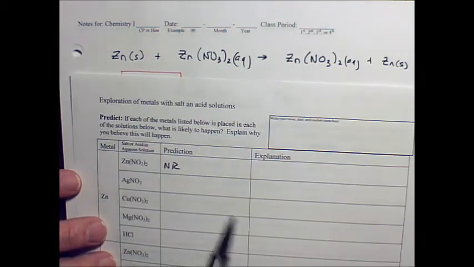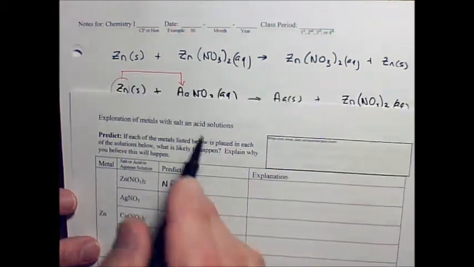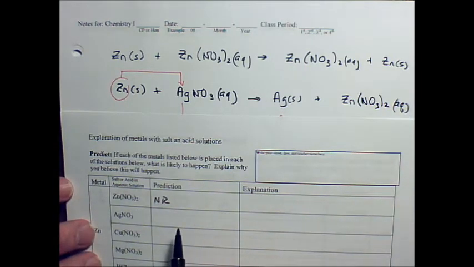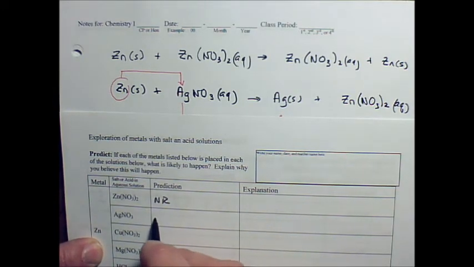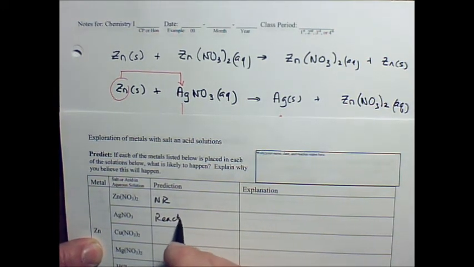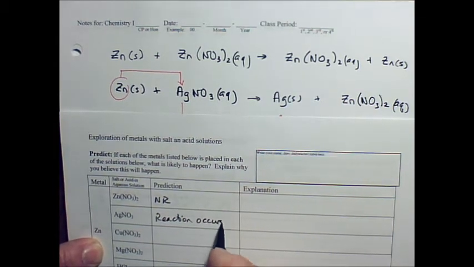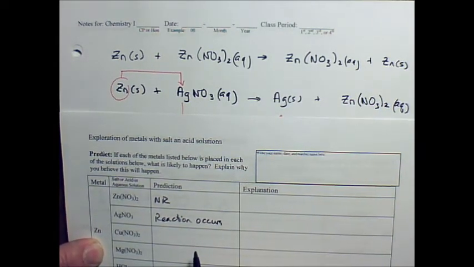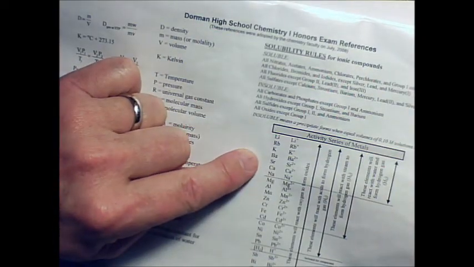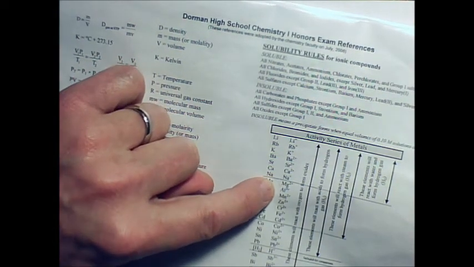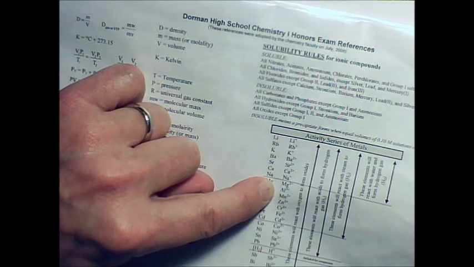Now on this worksheet, you don't have to go through all of the balancing of the compound just to predict that something's going to happen. All you have to know is zinc is more active than silver, and so you will get a reaction. If the metal that's by itself is higher than the metal in the compound, it will replace or displace the metal in the compound.